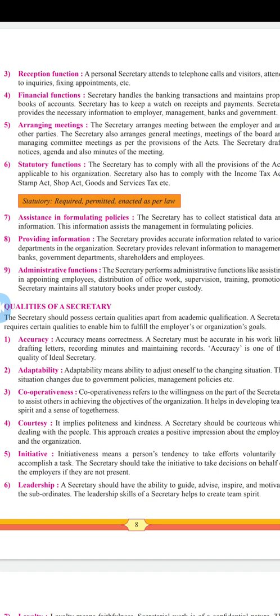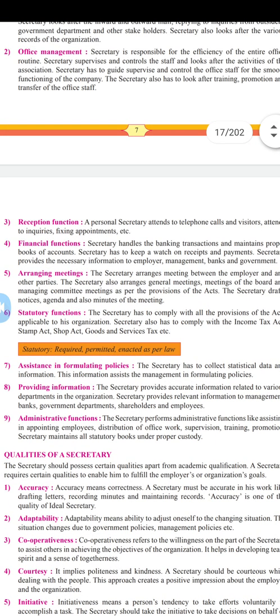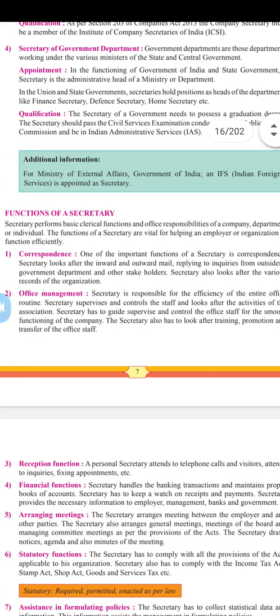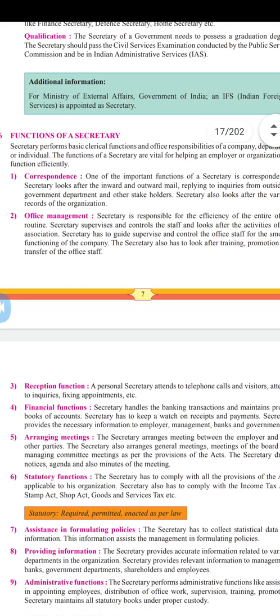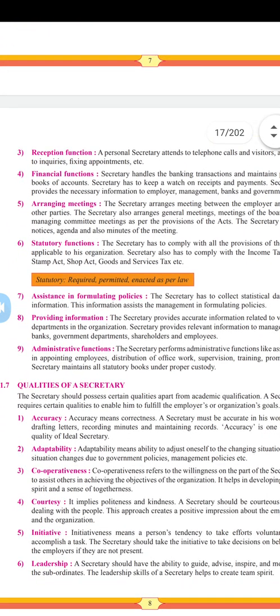Secretary assists in carrying out such functions. Besides, secretary also maintains all statutory books under proper custody. These nine are the important functions of a secretary, which are performed by the secretary in his routine office work, or these are the official responsibilities of the secretary.